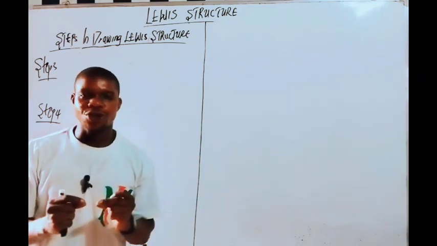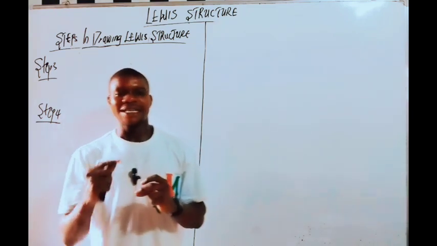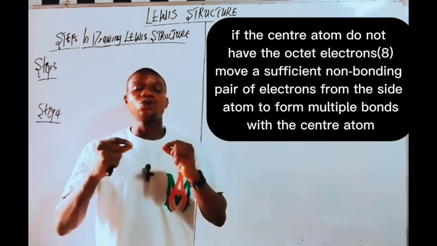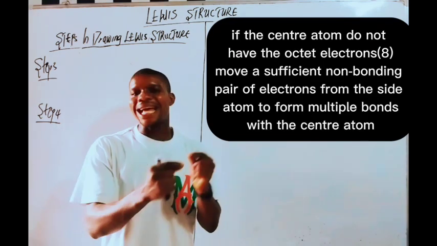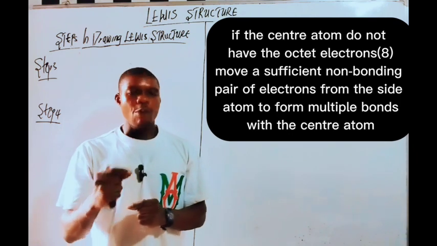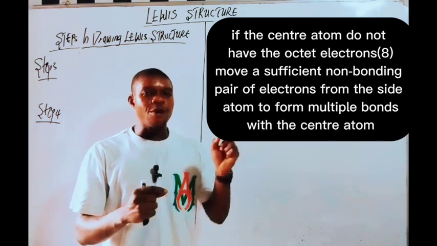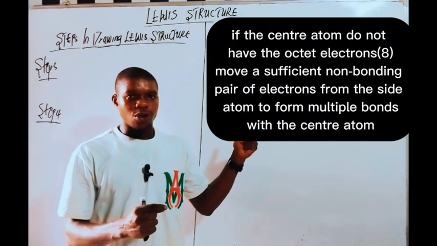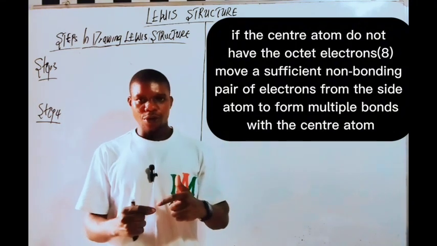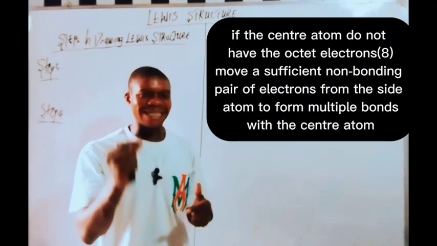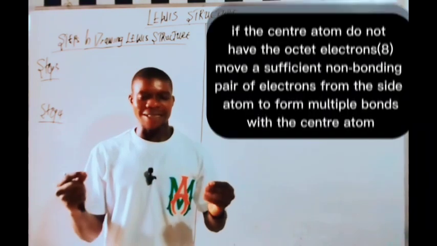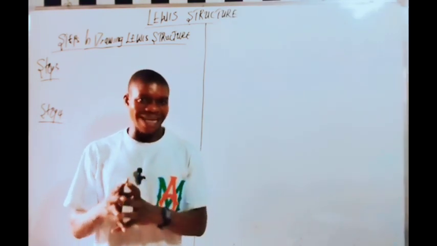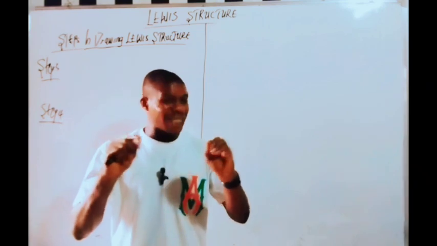Then step 4: if the center atom does not have an octet, move a non-bonding electron pair from the side atom to form multiple bonds with the center atom, to ensure that the center atom has its octet.